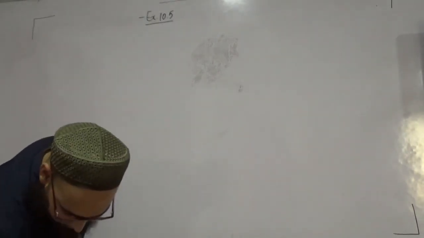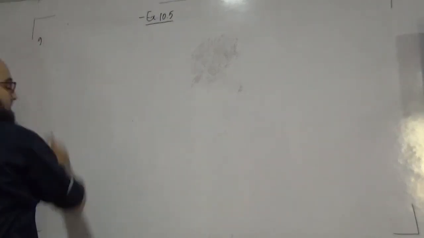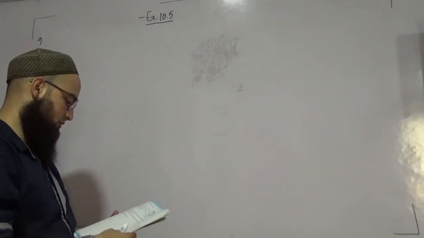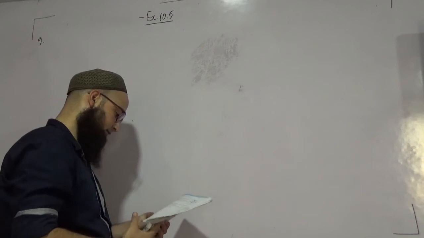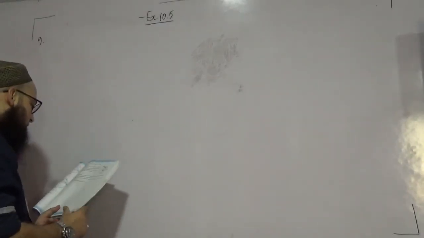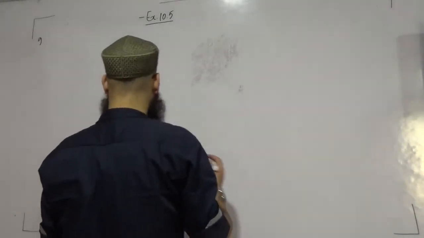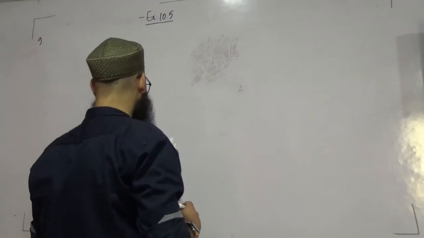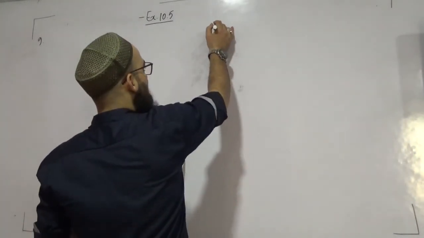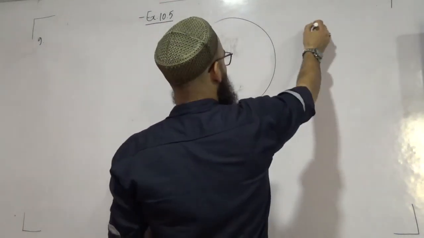Now we have question number 9. Two circles intersect at two points B and C. So we have one circle, we have another circle.